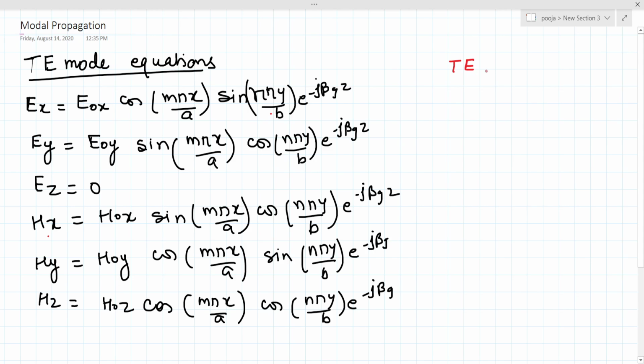In our earlier lecture we saw that the dominant mode for a rectangular waveguide is TE10 for a greater than b, and if a is less than b, then the dominant mode will be TE01.